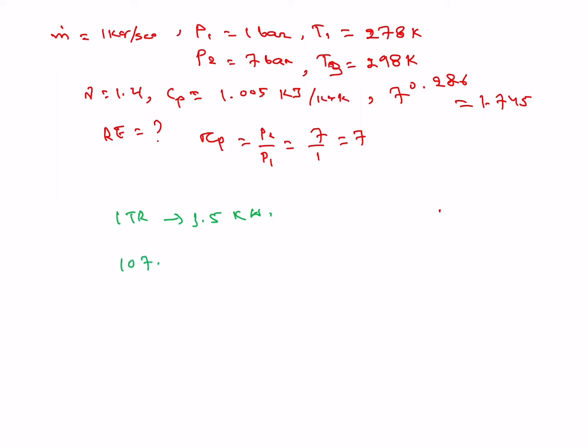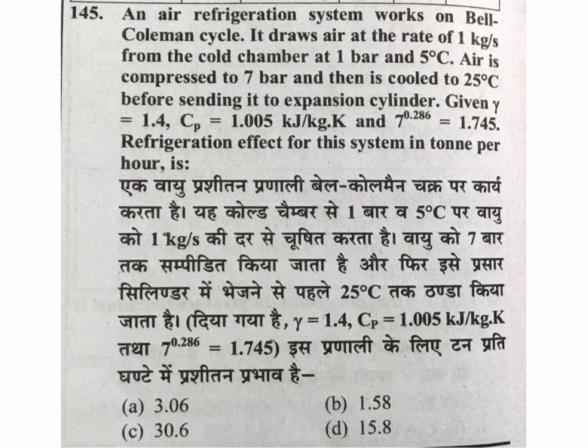So 107.789 kilowatt divided by 3.5 TR. How much will you get? 107 by 3.5, 30.79 TR. From the options, C is your correct answer.